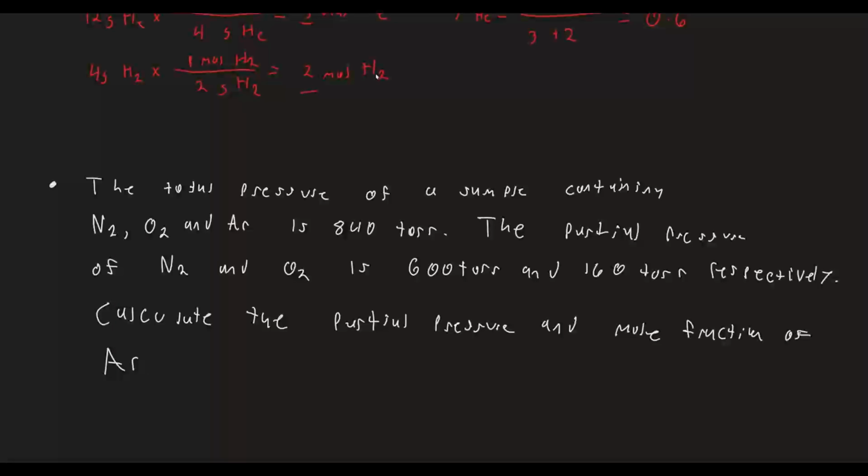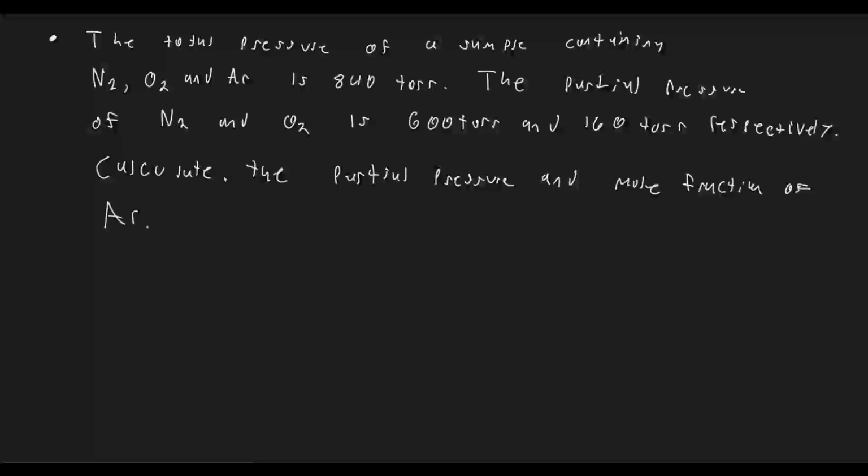So this is a little bit more involved of a question. We need to do a little bit more work, but it is mostly solvable with a few simple steps. So what do we know? We know that the partial pressure of oxygen is 160 torr. We know that the partial pressure of nitrogen is 600 torr.